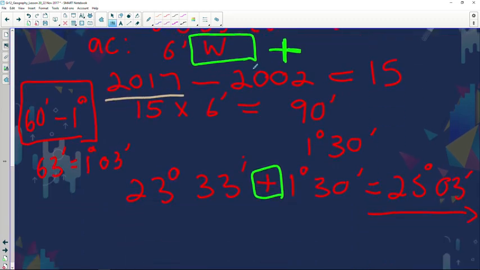And because it's moving west, we add the annual change over the years to the magnetic declination. 23 degrees, 33 minutes, plus 1 degree, 30 minutes, equals 25 degrees and 3 minutes.